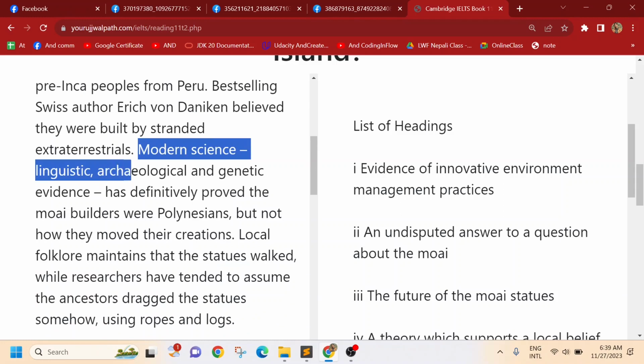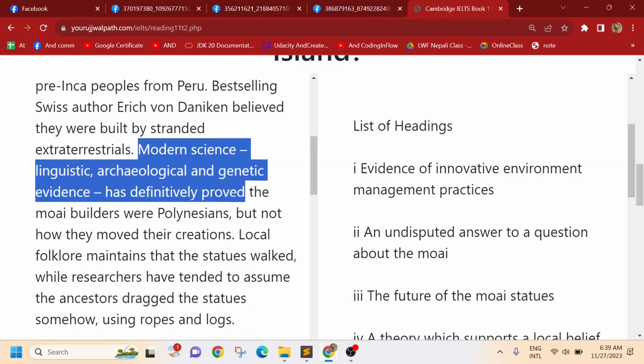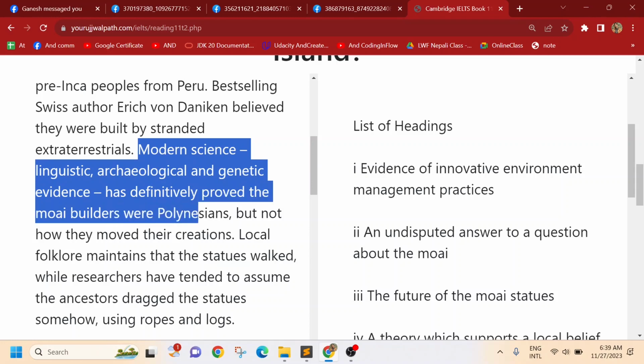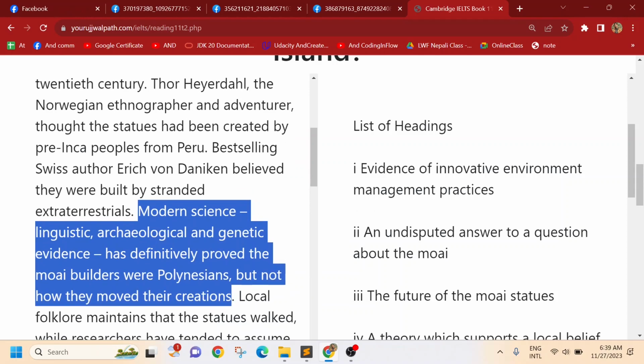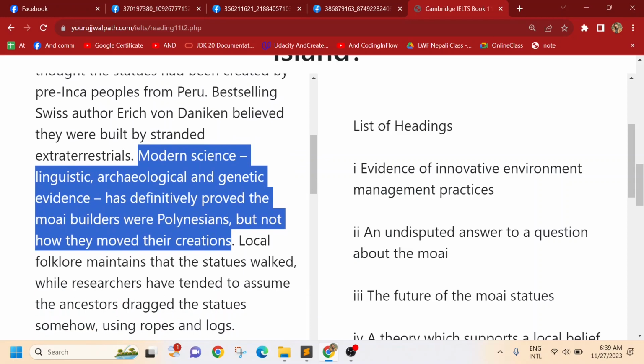Modern science, linguistic, archaeological, and genetic evidence has definitely proved the Moai builders were Polynesians, but not how they moved their creations. So we just had two opposing ideas before: who made the statues? First, pre-Inca people, next, extraterrestrials, and here modern science is opposing.